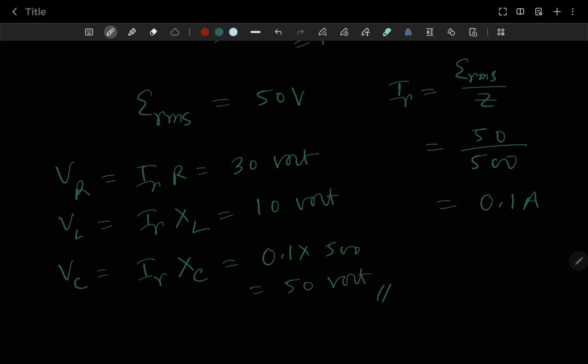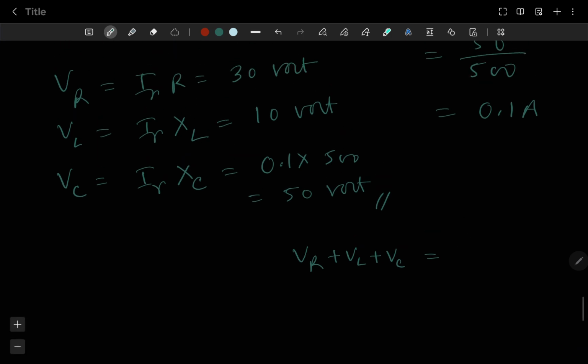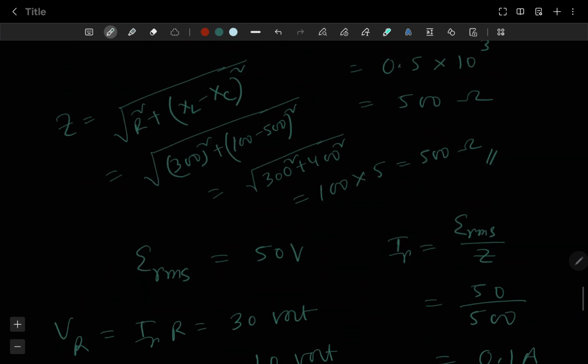So you see, obviously VR plus VL plus VC is 30 plus 10 plus 50, so it is 90 volt, okay, and the source voltage, if you call it V, this one RMS is 50, right?